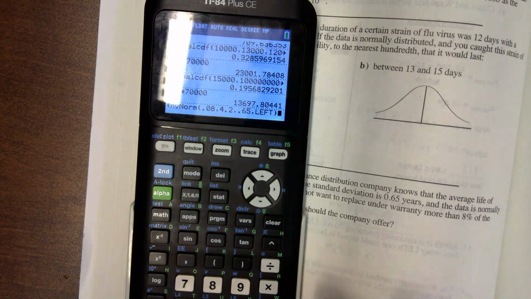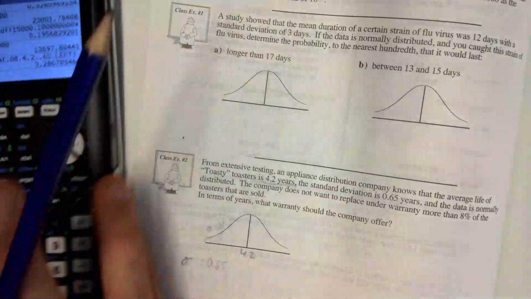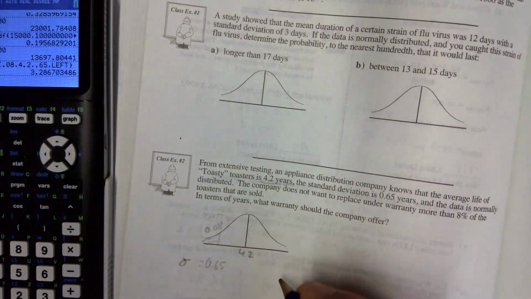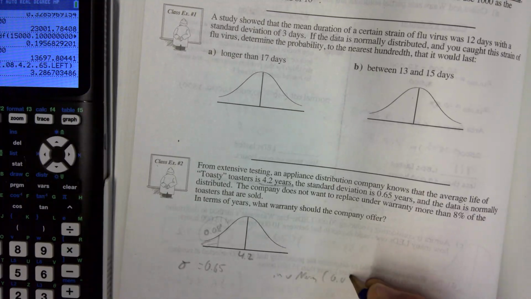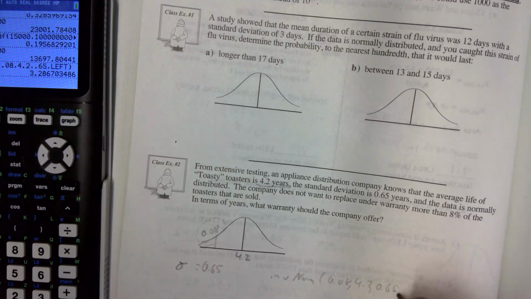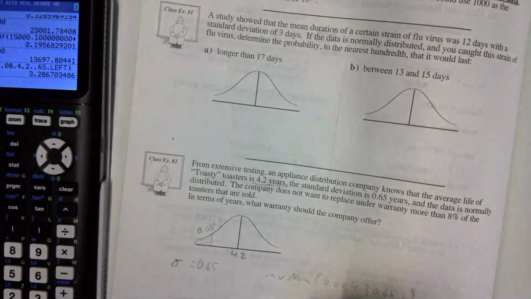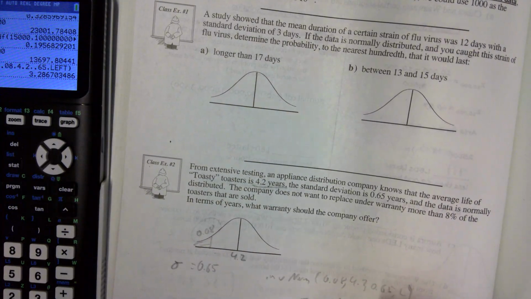Okay, let's see. Paste. Whoa. What's it telling us? So the inverse norm of 4.2, 0.65, and L gave me 3.287 blah blah blah.